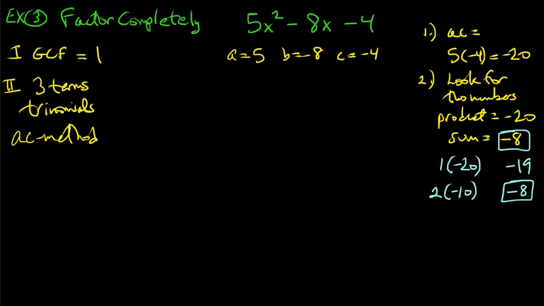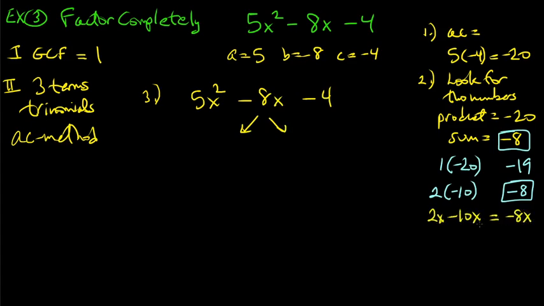So our next step, step 3 for the AC method. We have 5x squared minus 8x minus 4. And we split up the middle term, the minus 8x, as 2x minus 10x, right? Because that's also just negative 8x.